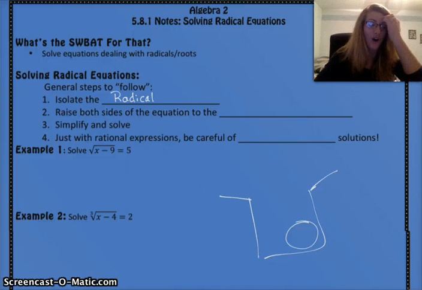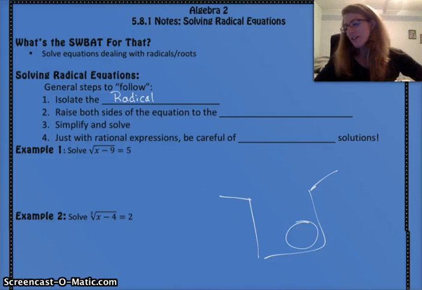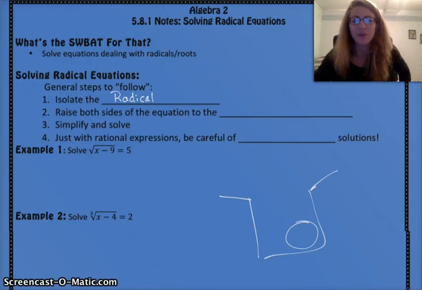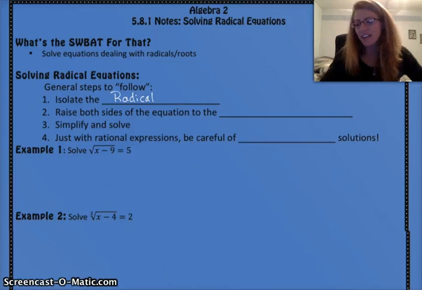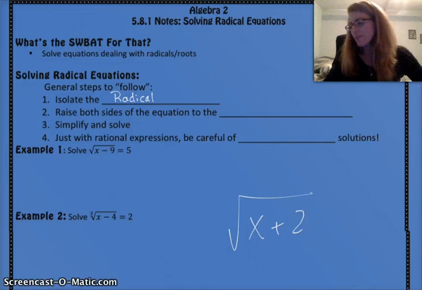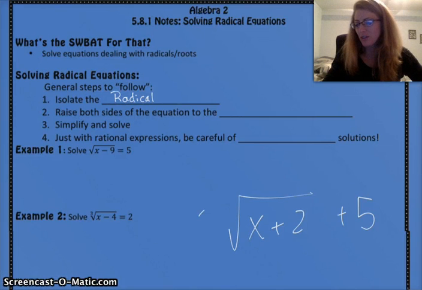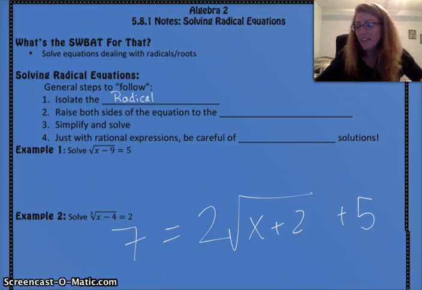And maybe you have to get the card before the gift, just to be polite, because you're only actually caring about the gift. Solving a radical is kind of like that. If you have the square root of x plus 2, plus 5 and 2 out here, and that equals 7, your gift, the thing you're really excited about, is the x, and that's what you've got to figure out, but you've got to unravel everything else first.